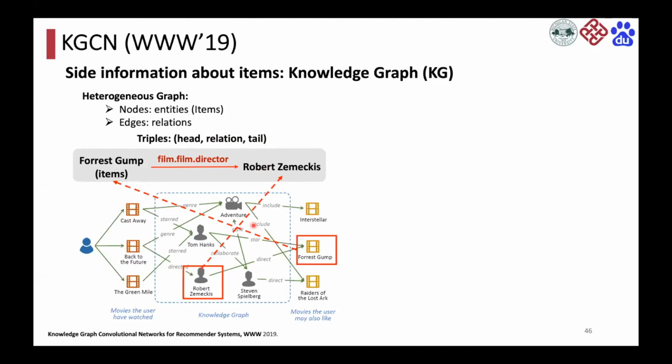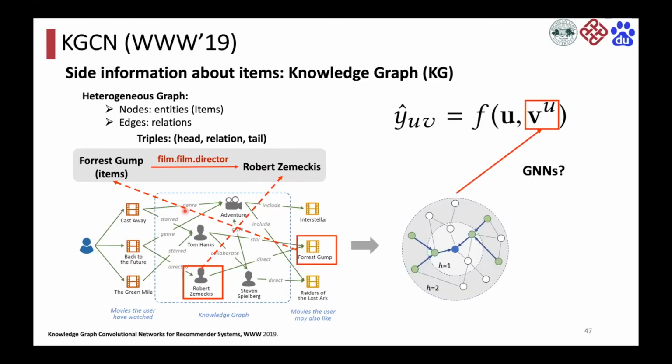For example, the tuple (Forrest Gump, film.director, Robert) states the fact that Robert is the director of the film Forrest Gump. So the knowledge graph can provide an attractive source of relational information about the items, and can be harnessed to improve recommendations. The question here is how to capture both high-order structure and semantic information in the knowledge graph.